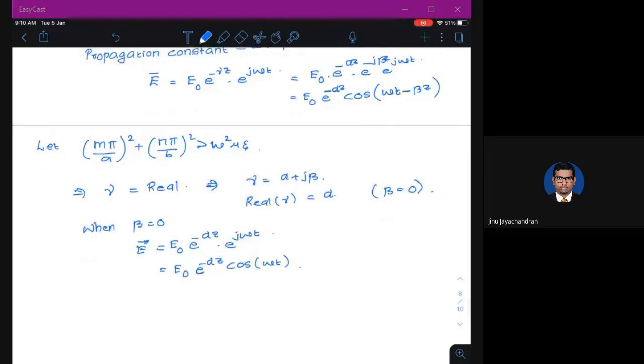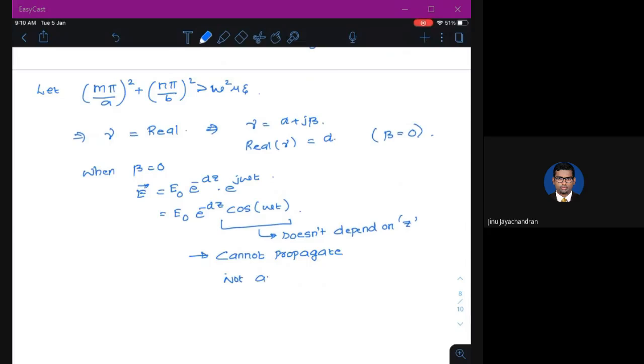Now you see that the wave now doesn't depend on the space z, which means this wave cannot propagate. Or you can say this is not an EM wave, because there is no phase shift in the space variable z.